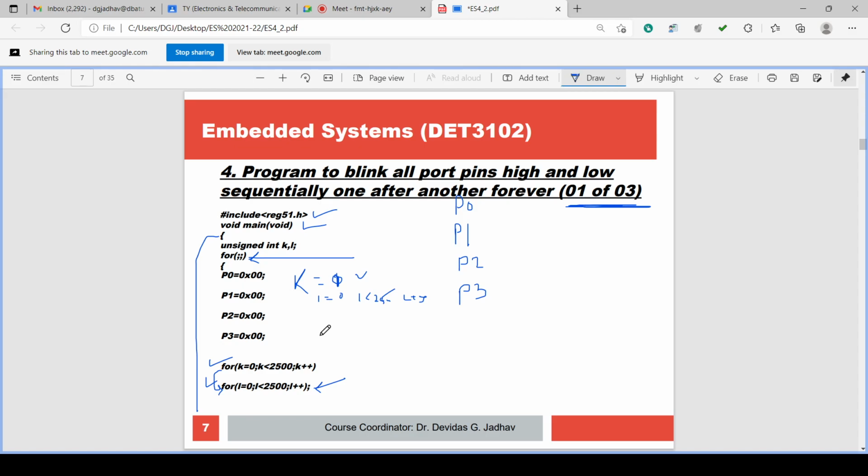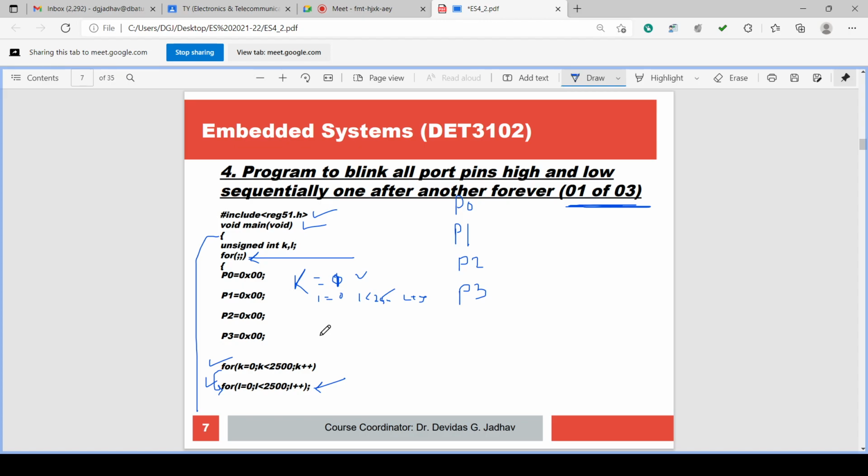Isn't it? So how many times is it executing? 2500 into 2500. It is 62 lakh 50,000 times. The for loop for L will execute 62 lakh 50,000 times.